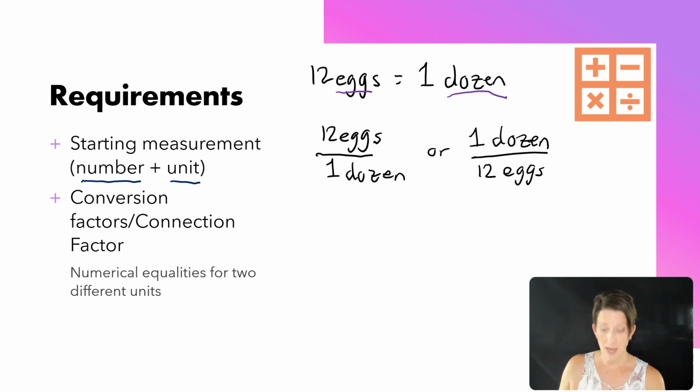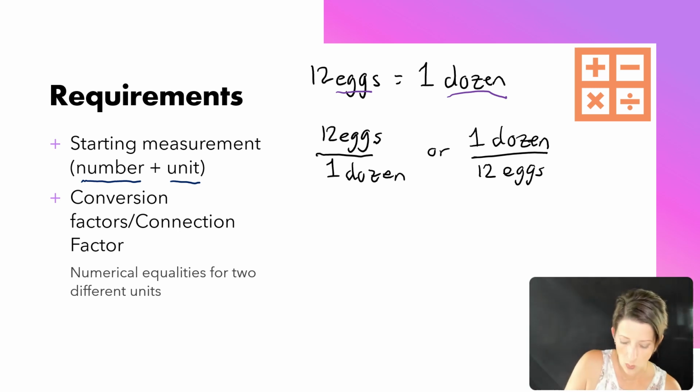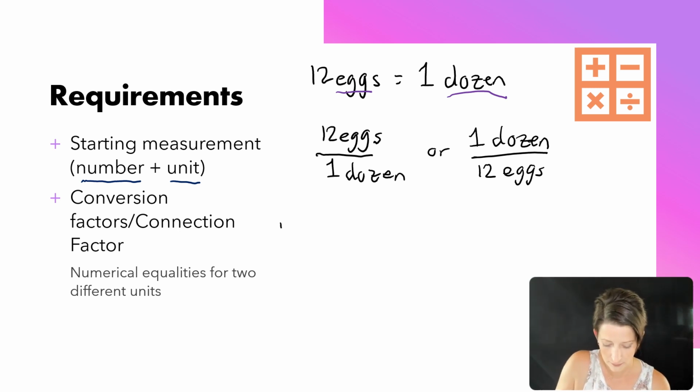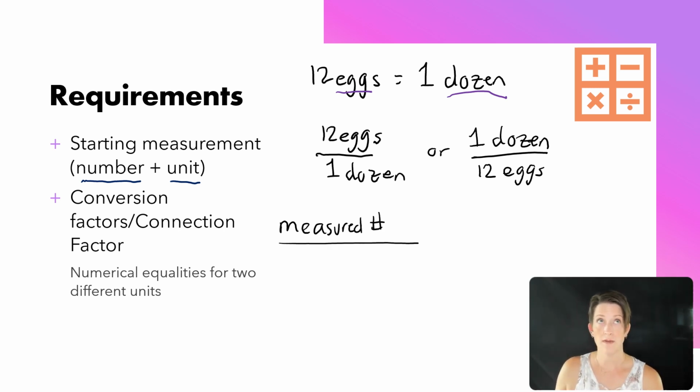To set this up mathematically, we tend to use what are called T-charts. Or you can look at it kind of like setting up fractions. So what we do is we're going to have our measured number to start with. So then we have our T-chart. I've also heard these called fence posts, or you can set them up as fractions.